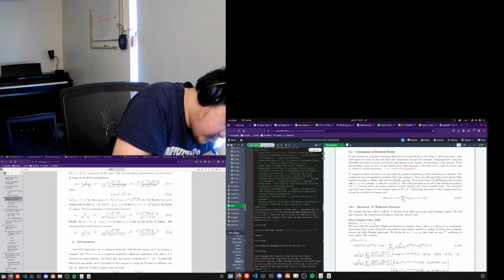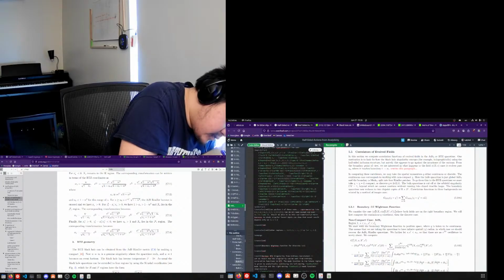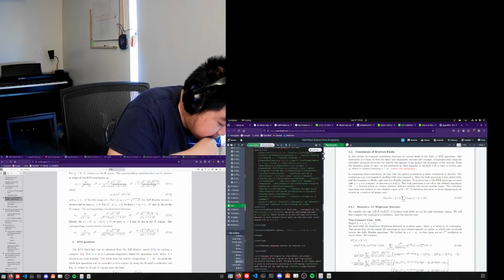There's a left bulk, a right bulk, and the future bulk region. And now this is a similar sort of picture. So left boundary to right boundary to right boundary. I know what this is.